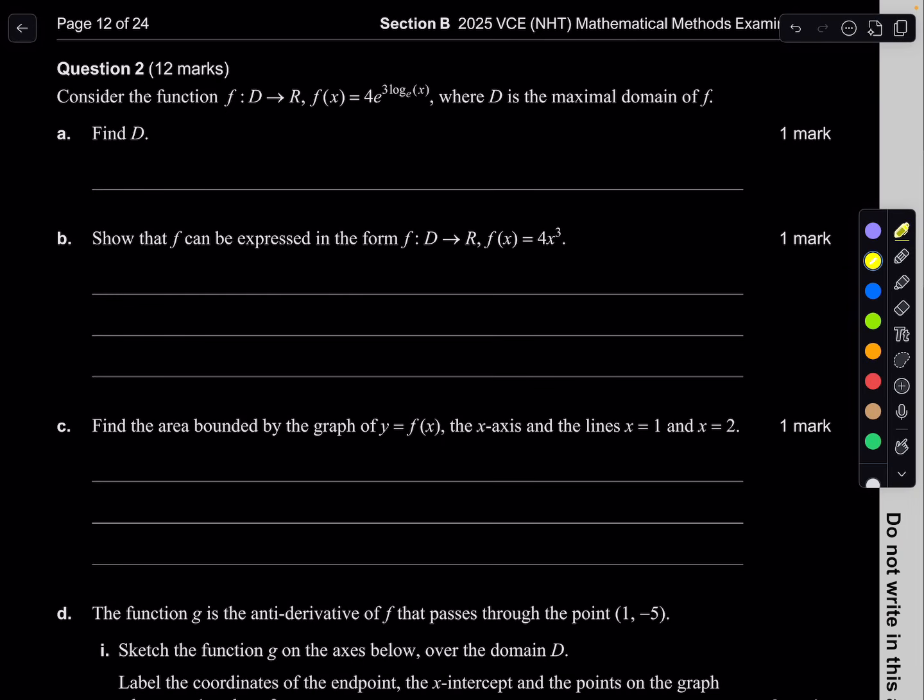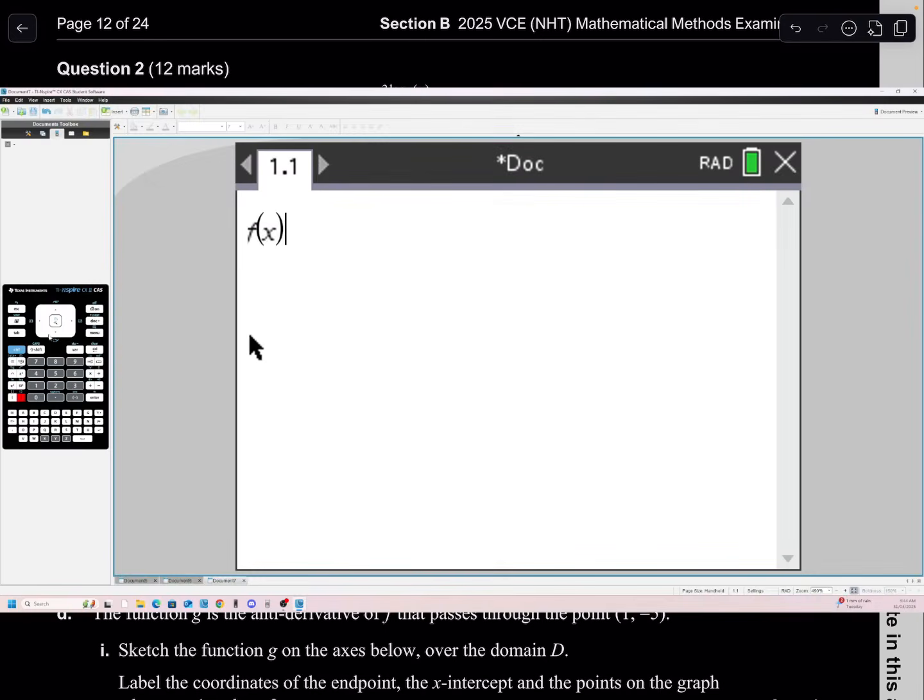So what we're going to do is control end this whole thing. We do not want that anymore. And we want to go to calculator and we want to write f of x, and define that function. F of x is 3 log e of x.